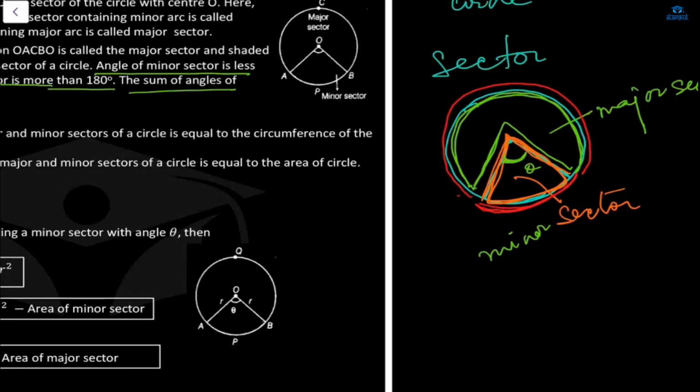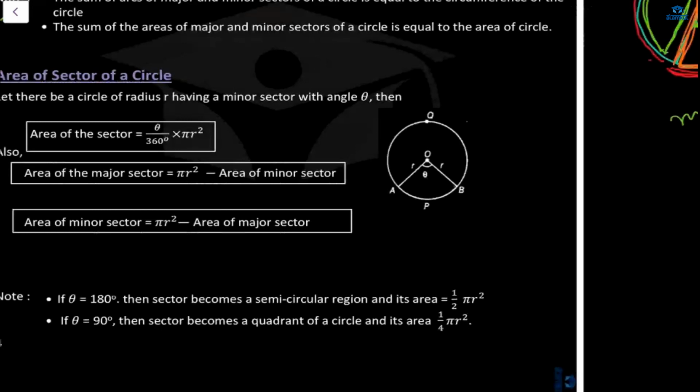Or if the question gives the area of the major sector and the radius, you can find the area of the complete circle and subtract the major sector to get the area of the minor sector. Any doubt in this?